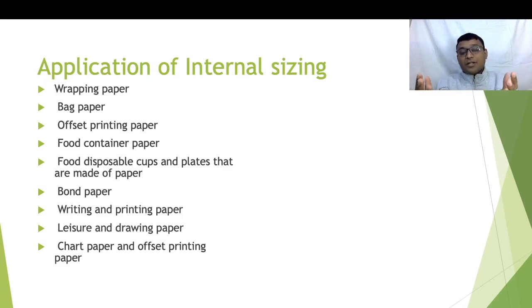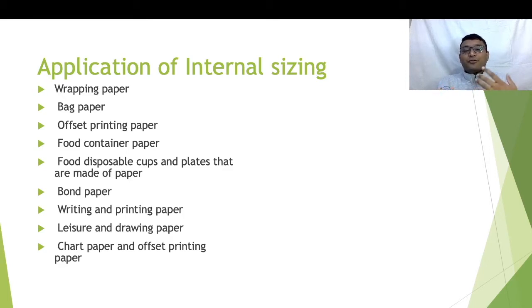Bag paper: a lot of places we are using paper bags to carry items. Many places, to carry household goods, small paper bags are given by shops or retail malls so that it can be carried. Offset printing paper is used in the printing machine for offset printing purposes.